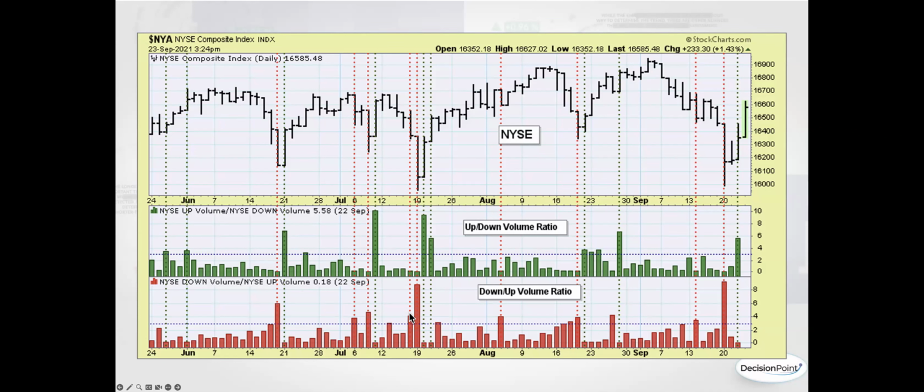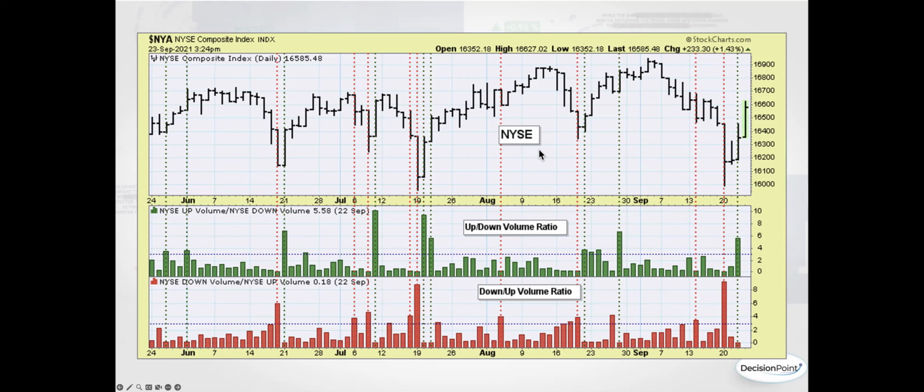When you get these very high down-up volume ratios, you'll have price go down, and then you'll get these big readings on down-up volume. That's telling you that something's going on under the surface. Any of the red dotted lines are downside climaxes. Green ones are upside climaxes.